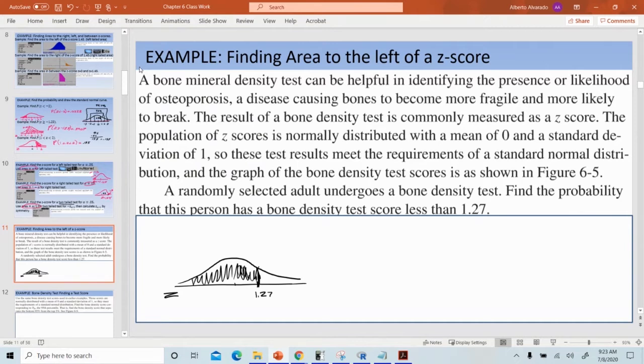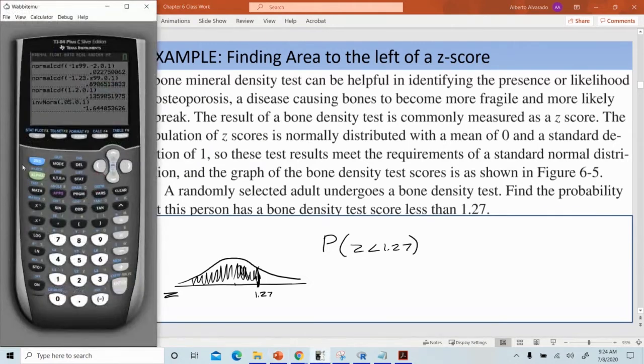In terms of notation, I want to write the probability that the z-score is less than 1.27. That's what I want to write. And now we calculate: second vars, normal CDF. This is going to go from negative infinity, so negative 1 E99, to 1.27.